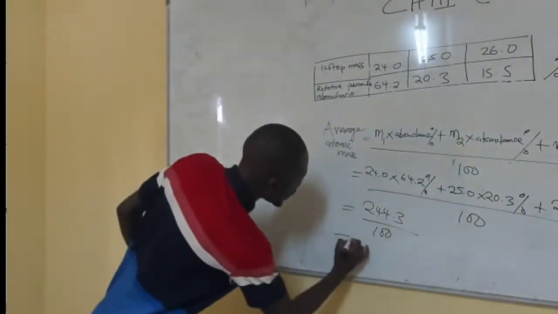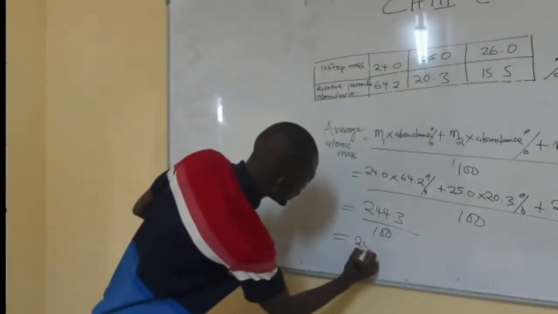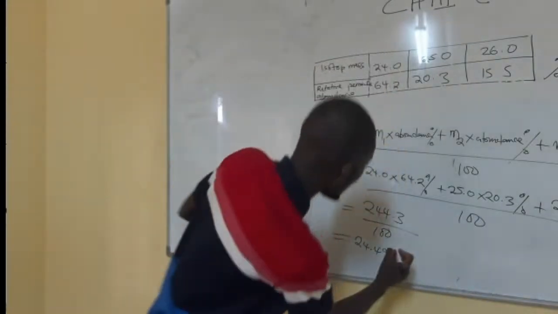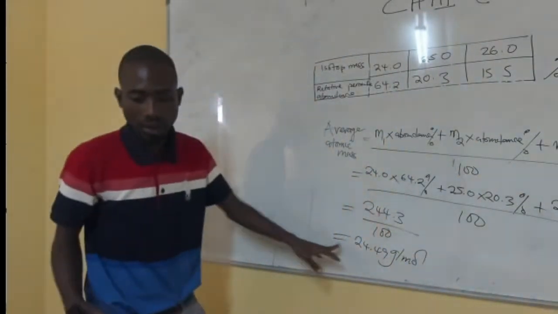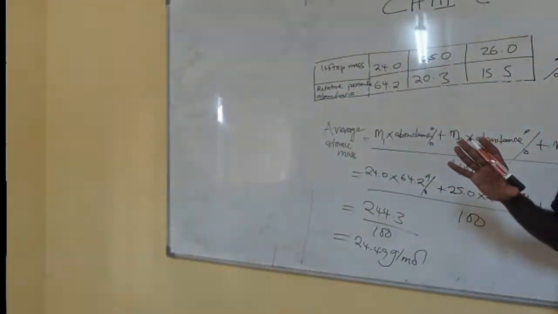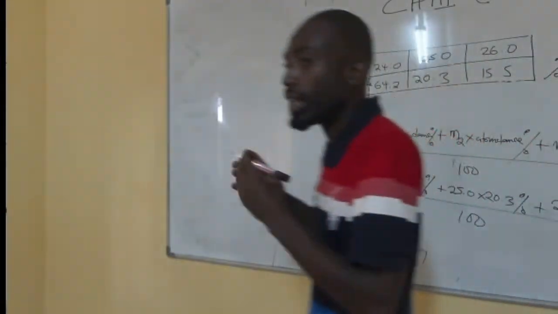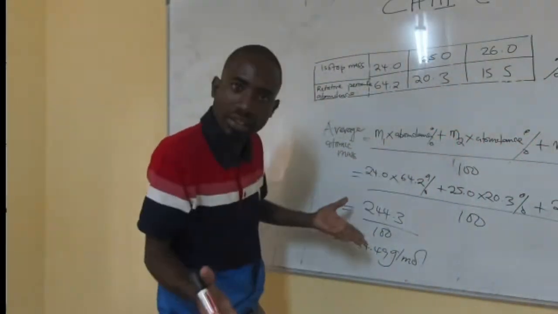So this one will give you how much? Will give you 24.49, something like this, isn't it? Grams per mole. Okay, grams per mole. Now, after making such an evaluation, you need to compare on the periodic table. Is it tallying?